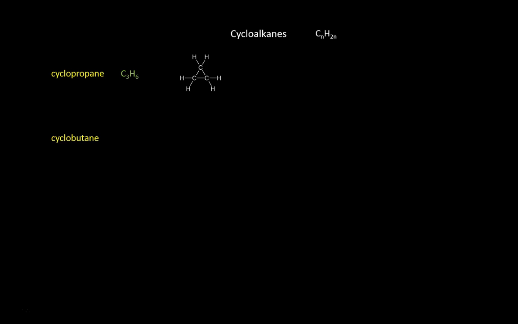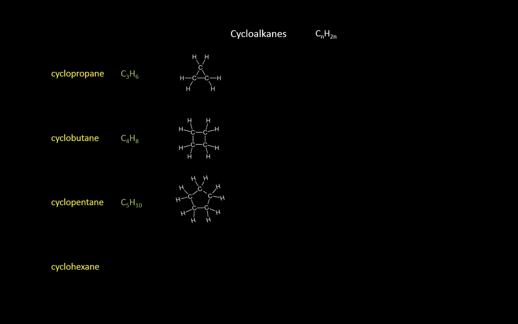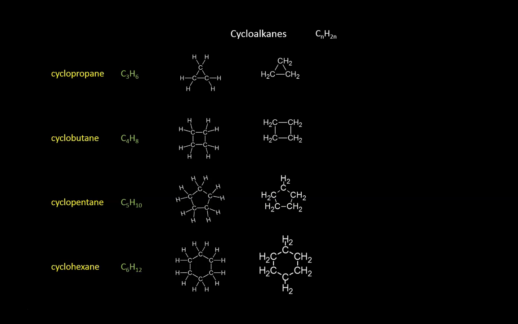The next one, cyclobutane, has 4 carbon atoms connected as a square. Cyclopentane is a pentagon. And cyclohexane, with 6 atoms, is in the form of a hexagon. These are the condensed formulas.